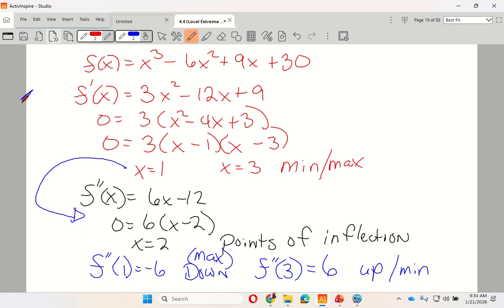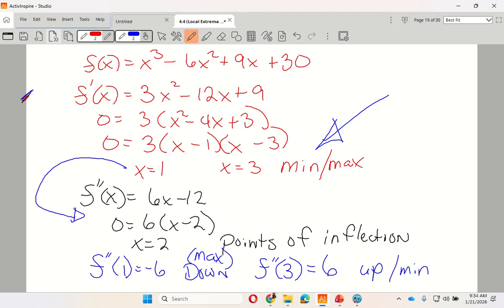But then how do we know that those are the min and maxes specifically? Okay, first derivative. First derivative says my derivative is equal to 0 at these points. So what's going to happen? So right here, derivative equals 0.